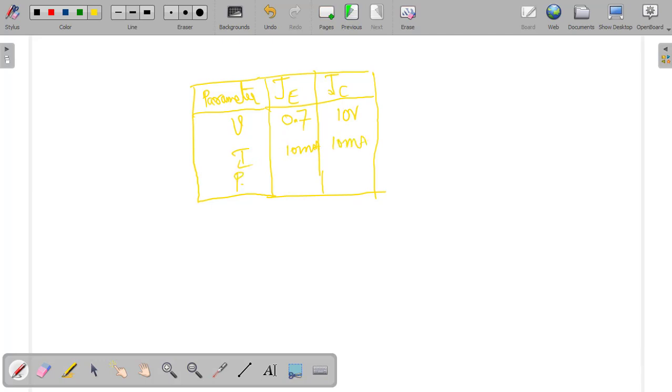Now the power dissipation between emitter and base will be minimum because minimum voltage will be there, and here it will be maximum because maximum voltage will be there, and here you will get around 100 milliwatt. This is the current as well as voltage of the junction.